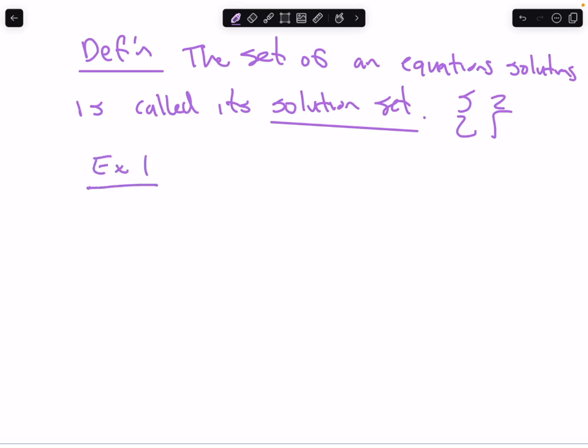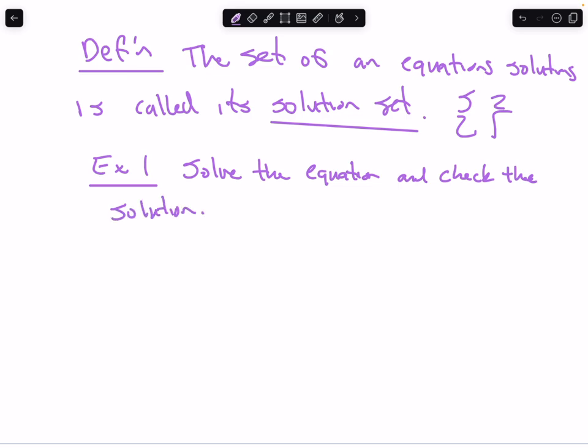Example 1. We want to solve the equation and check the solution. Our equation is x minus 5 equals 12. Notice that on the left-hand side, we have 5 less than our number x, and what we want to solve for is x.